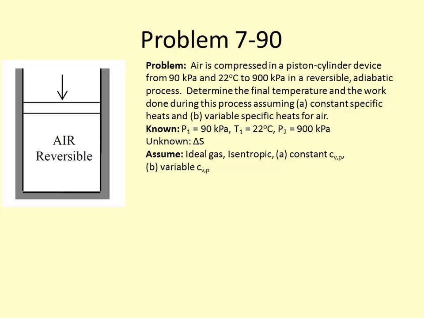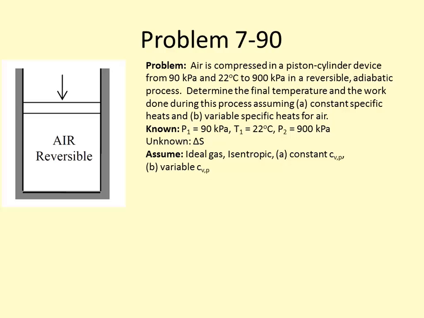So we can interpolate to find our final temperature T2 is equal to 564.9 Kelvin. And then our final internal energy, we can also interpolate to find is 408.09 kilojoules per kilogram. So now if we were to perform the energy balance again, we would find that lowercase w is equal to U2 minus U1.